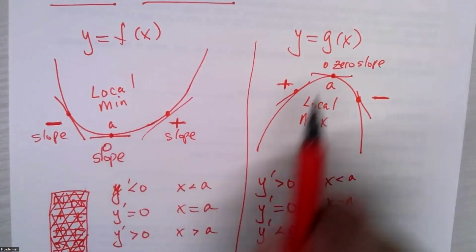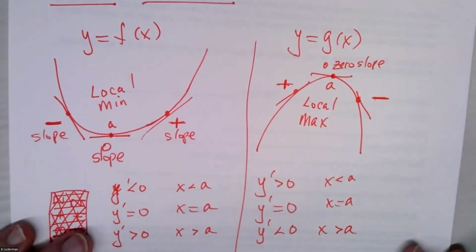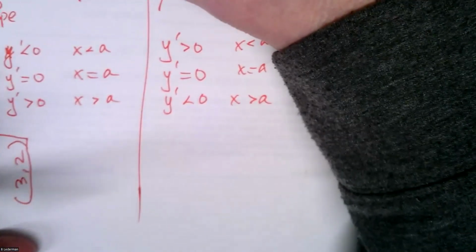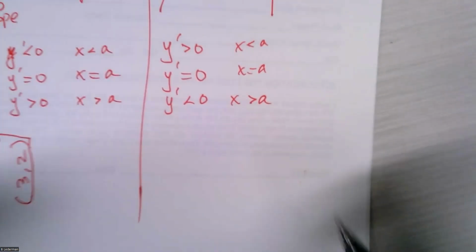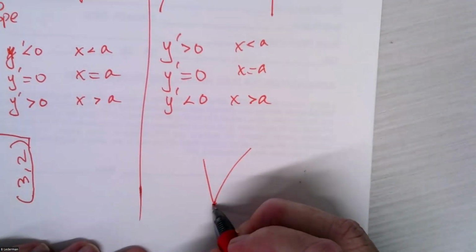Now, why am I saying that the negative-positive and positive-negative pattern is the important part, and the zero slope at the actual min and max is not the crucial thing? Well, I'll show you why. Suppose I have a V-shaped function.